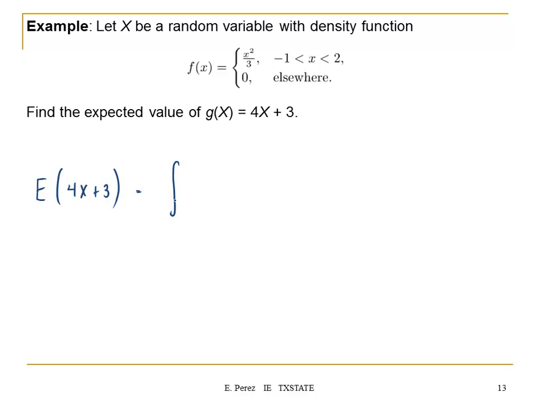What are the integral limits? Negative 1 to 2, correct. g of x is 4x plus 3. What is the value of f of x? Right, it's the distribution that is given, the density function. So you need to multiply this function times f of x dx.